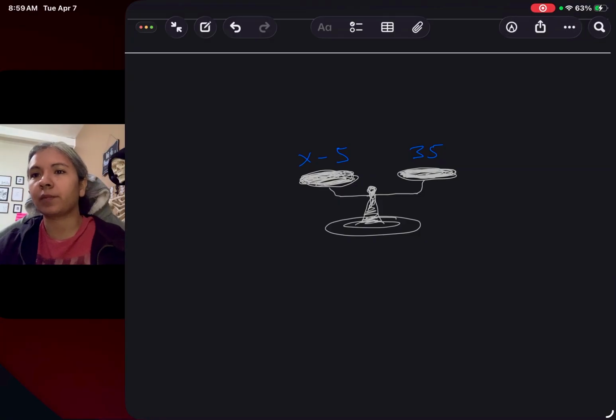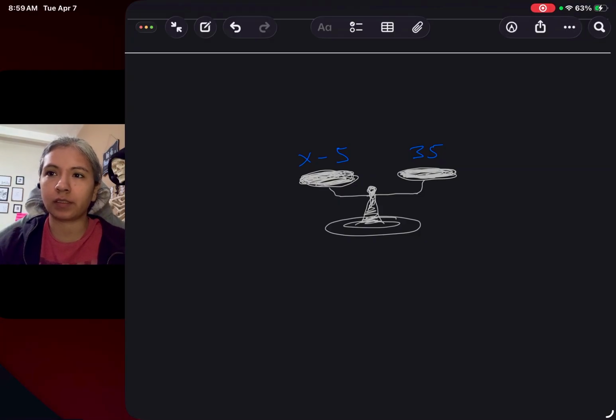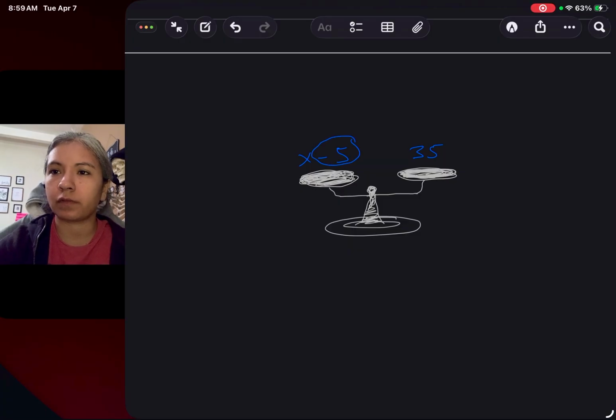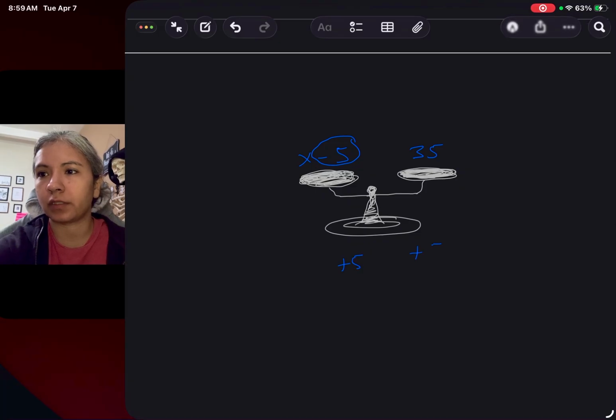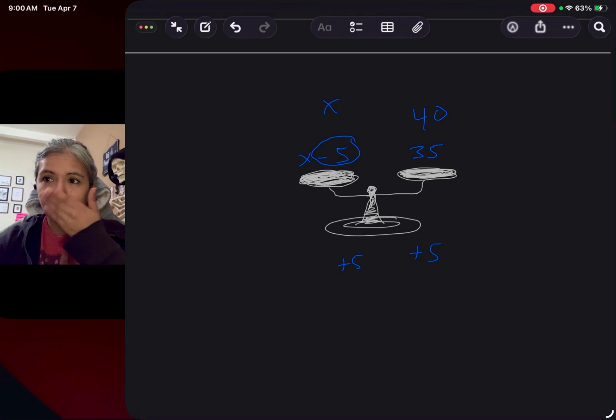Okay, so this is balanced. Whatever that x is, both sides are going to be 35 in the end. So to get x by itself, we need to get rid of that minus 5. So we're going to add 5 to both sides. So now we have x and 40. So we have our x equals 40.